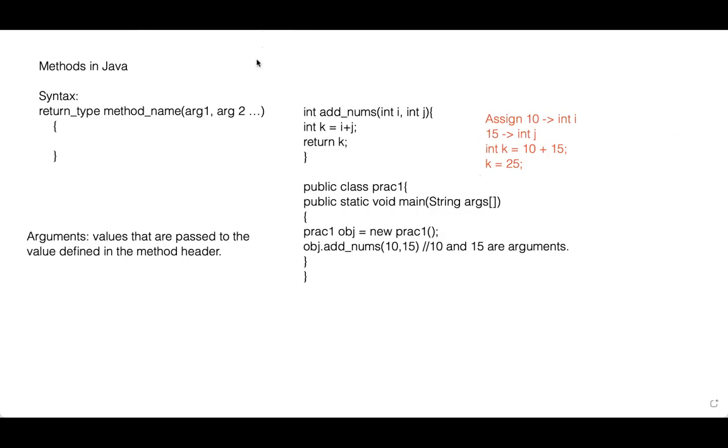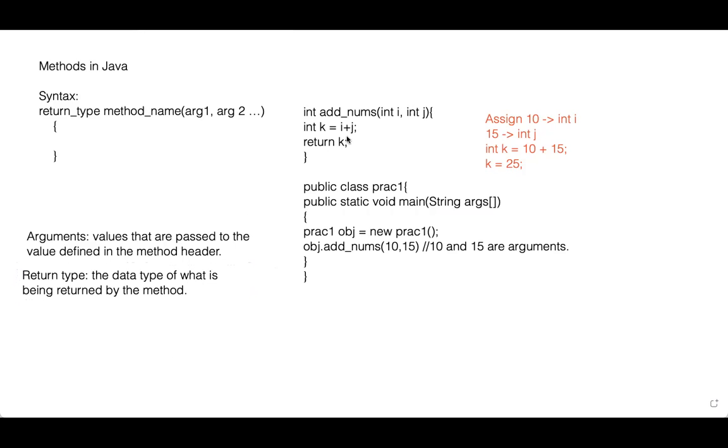So this is basically what goes on behind the scenes. Now let's look at another term that we need to define, which is return type. The return type is the data type of what is being returned by the method, right? Okay. So let's look at our brief example of add_nums.